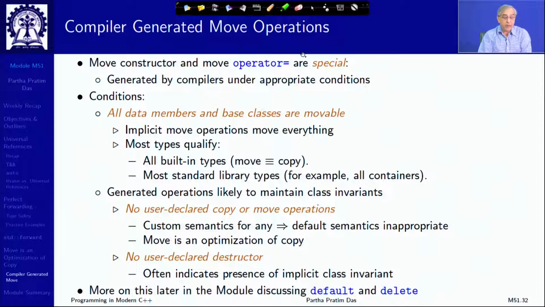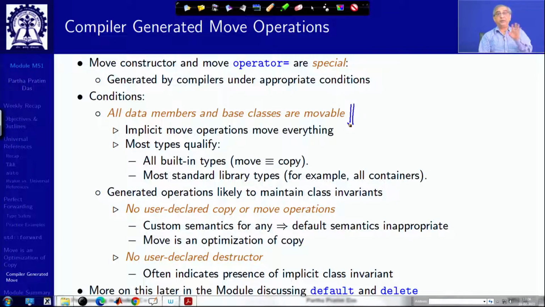So this is what can make any function which needs to move around data more efficient compared to the copy. Now, naturally compilers give you support for constructors, destructors, copy constructors, etc., that you have not written. Move constructor and move assignment operators are also special in that way: the compiler generates the move operations if you have not provided them, but you are asking for them, right. But there are certain conditions under which this will be done. One is that all data members of the class must be movable; only then will the compiler generate them, otherwise if you write it, it will be there, otherwise it will not be there.